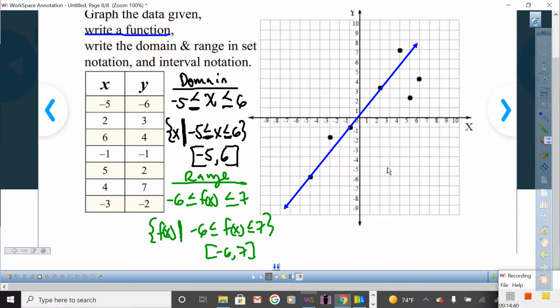So look. How many points did I intersect? 1, 2, 3. How many points are above this line? 1, 2. How many points are below? 1, 2. Is that fairly balanced? It looks fairly balanced. Now that I have my line on your paper, connect those 3 points, make your line, and we're going to write an equation for that line.